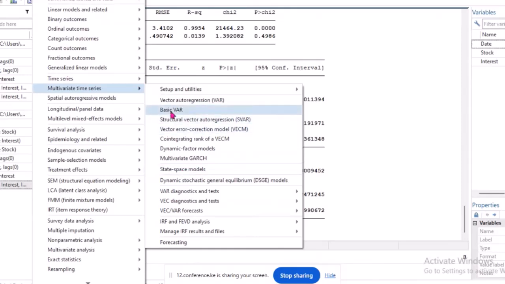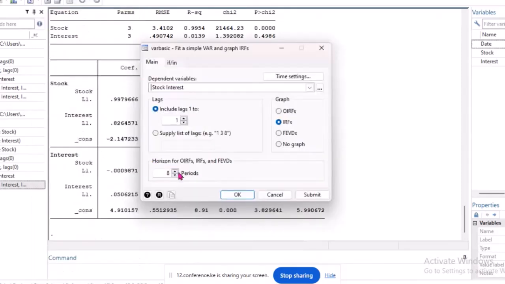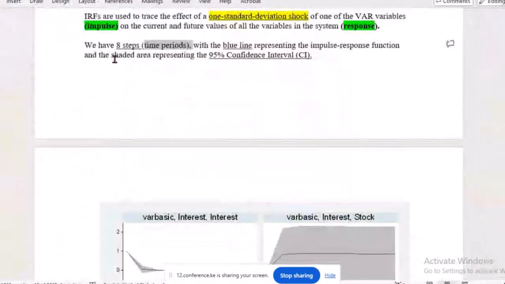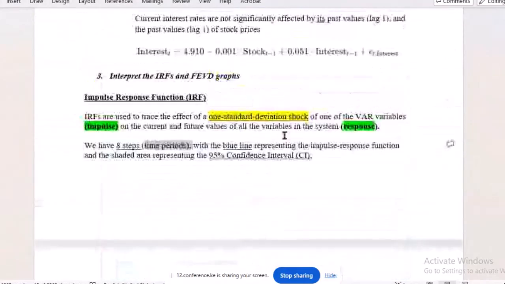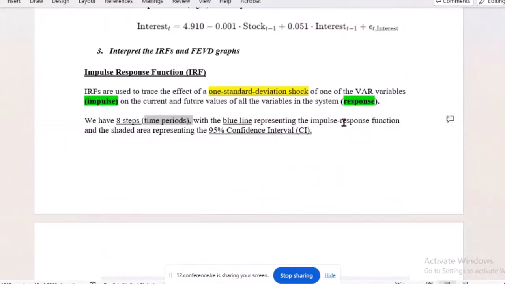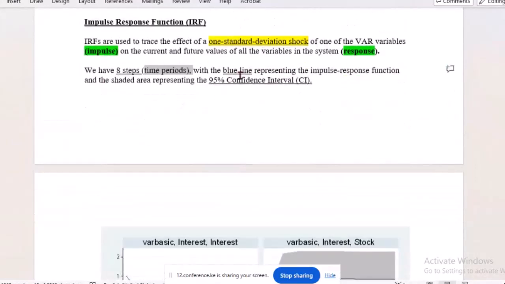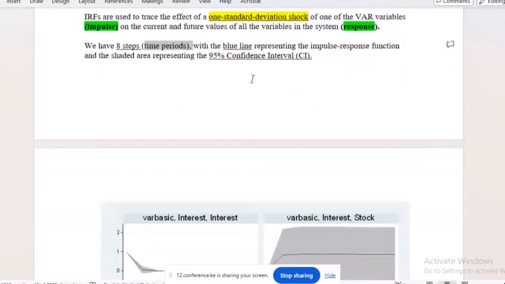This one here, the 8. So we have 8 step periods, with the blue line in this graph representing the impulse response function, and the shaded area represents the 95% confidence interval.